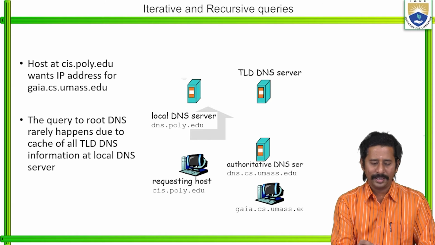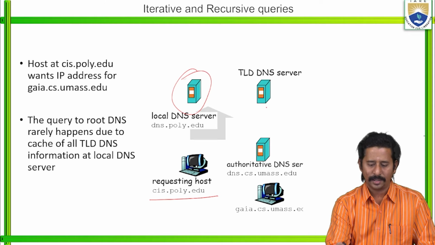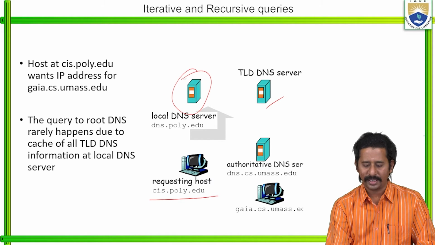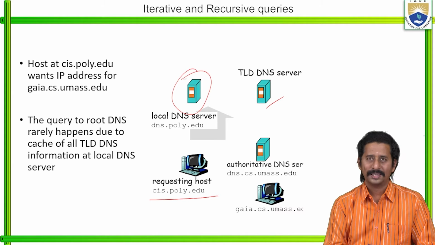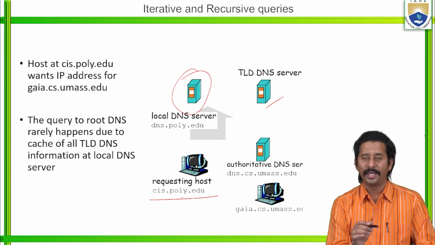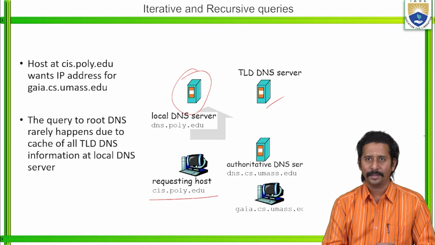See, for example, here the host at, this is the requesting host, this is the local DNS server, this is the TLD DNS server, this is the authoritative DNS server. For example, let us consider the host at cis.poly.edu. So this is one of the educational sites.